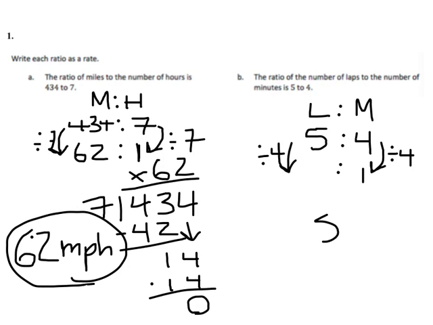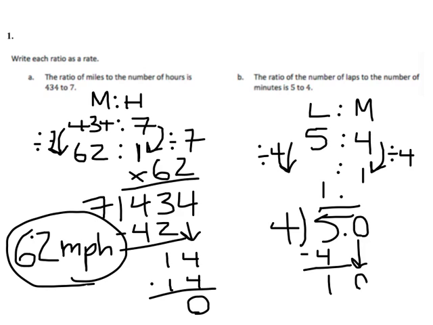5 divided by 4. 4 goes into 5 once. Subtract, you got 1 left over. I want my answer as a decimal. So I'm going to add a decimal here, bring the decimal up to the quotient, add the 0, bring the 0 down. 4 can go into 10 twice. 2 times 4 is 8. Subtract, get 2 left over.